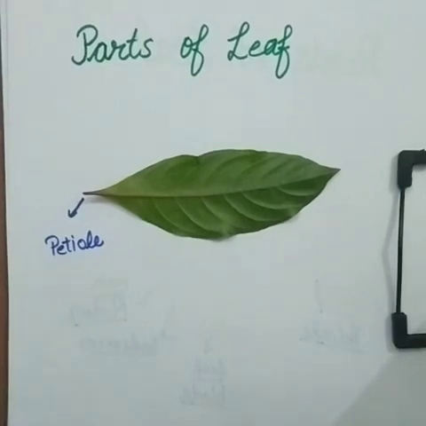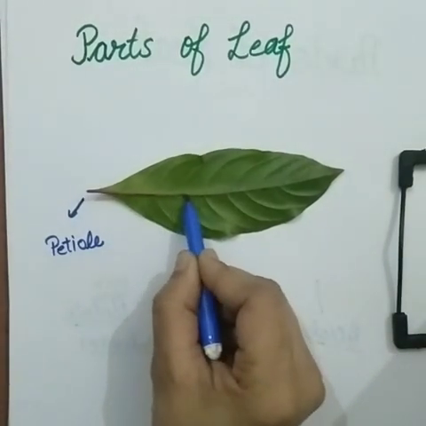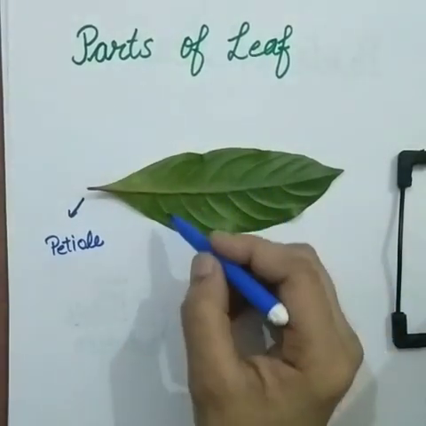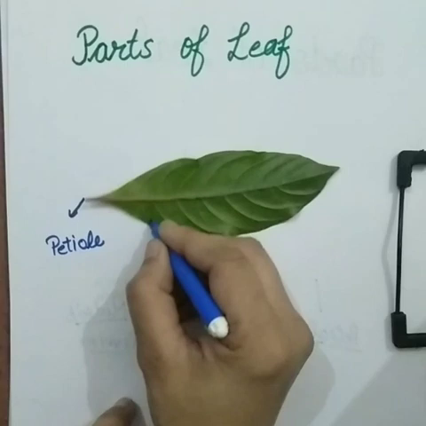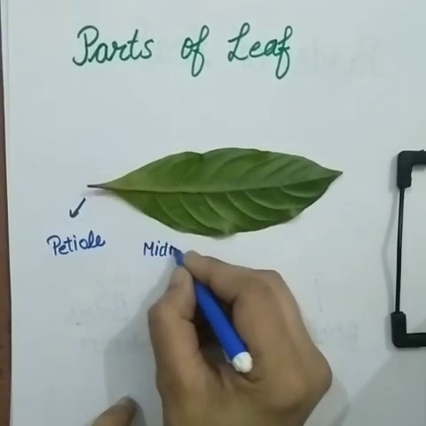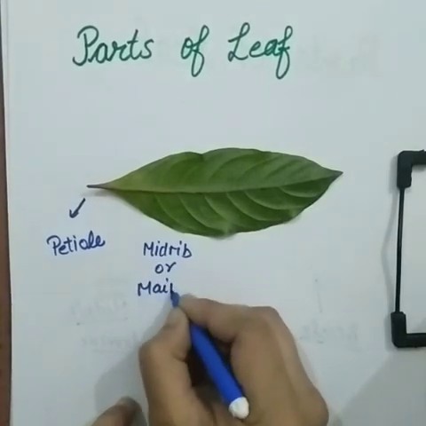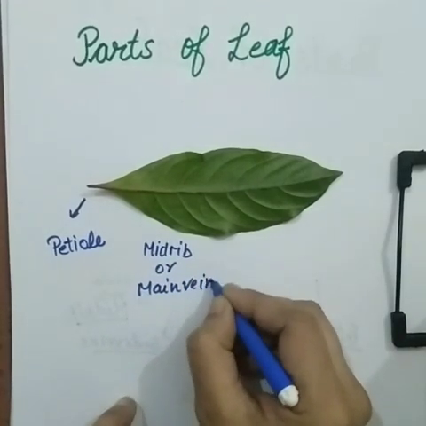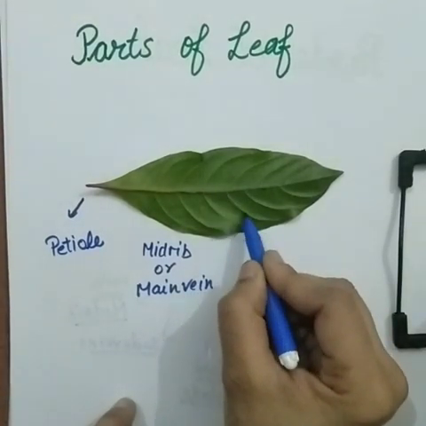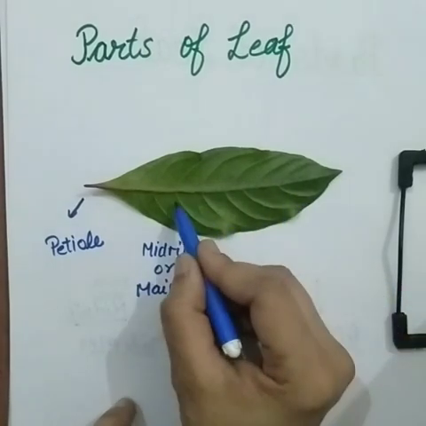You can see a thick line running through the middle of the leaf. This line is called midrib or main vein. Now you can see some other lines branching through the main vein or midrib.